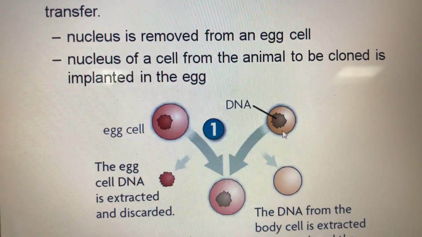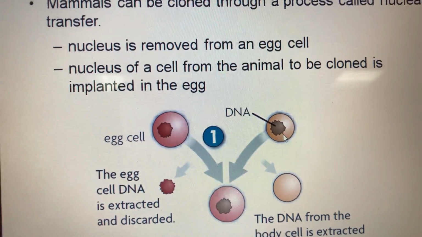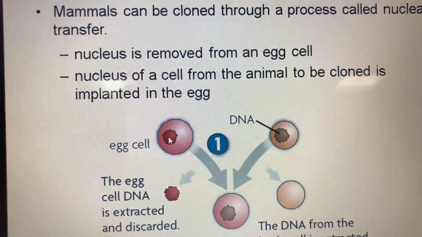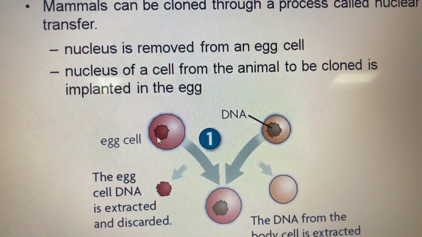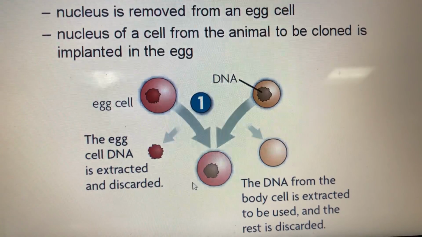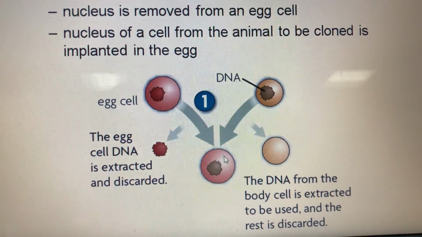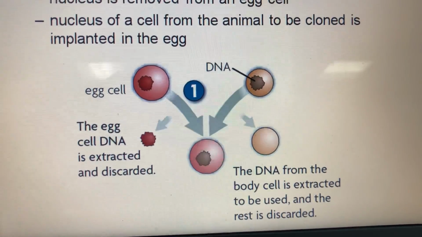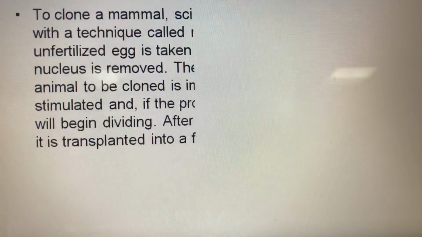They take the nucleus out from this body cell with its DNA, and they insert it in the egg cell. They remove the nucleus of the egg cell and insert this nucleus in the egg cell. Then the egg cell is stimulated. After it starts dividing and the process has successfully happened, it will be implanted in another female to produce the cloned organism.